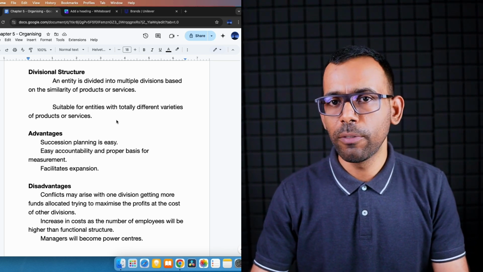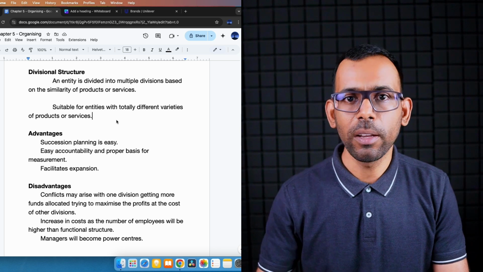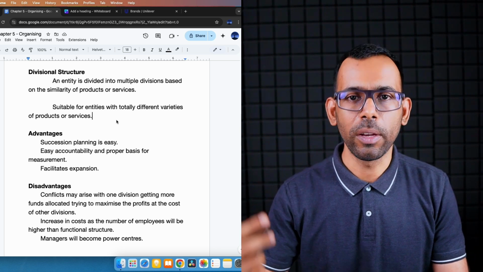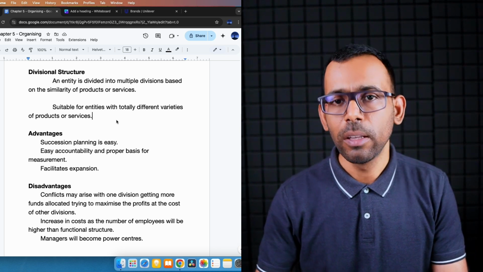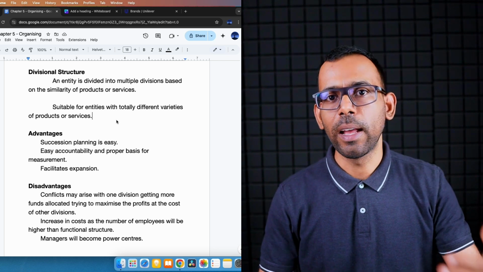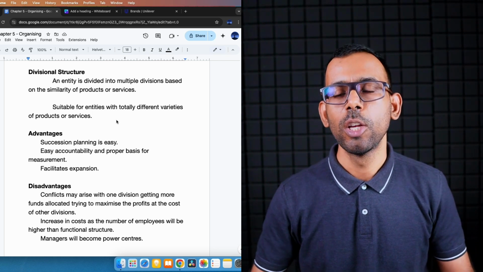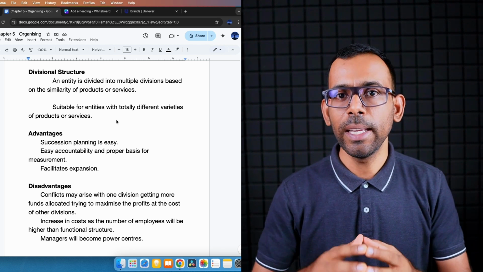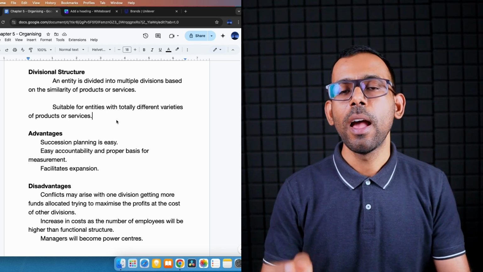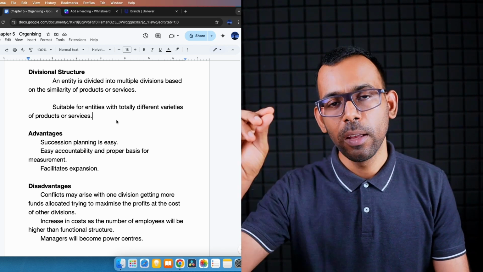So in the Big Four, they will have a separate division for statutory audit, internal audit, IT, transfer pricing, direct tax, GST. All these are separate services. So based on the services, each division will be created and each will be headed by a partner.